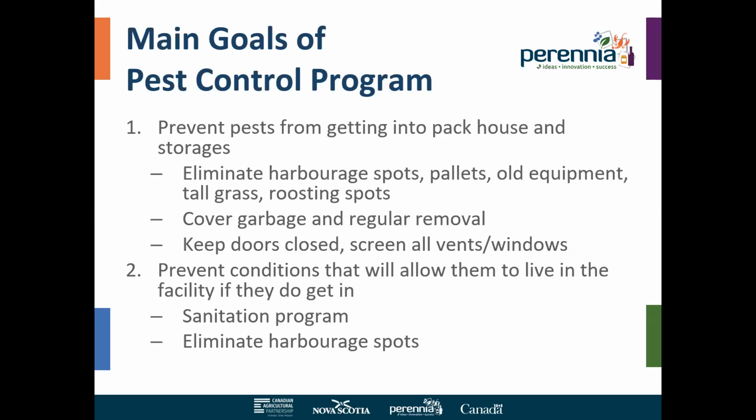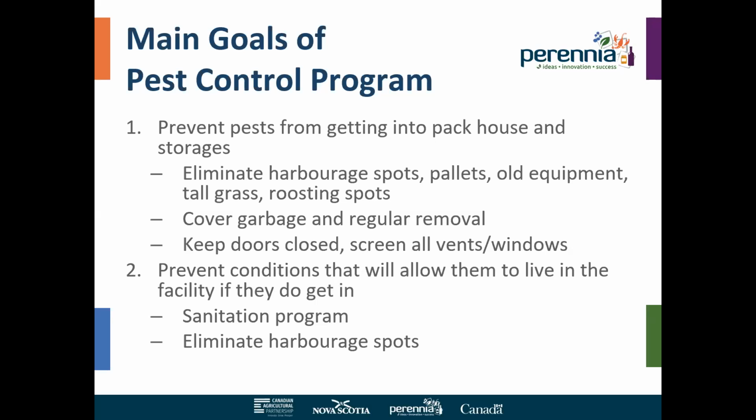It's not going to attract them to our pack house or our storage areas. And then of course, if they do get in and it's in such clean condition, they're not going to hang around because there's not a source of food for them or harborage areas for them to make nests and have babies or what have you.